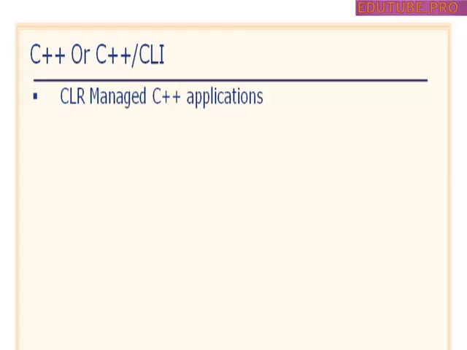Now before we talk about that, let's talk about CLR managed C++ applications. In part 1 I mentioned that anytime you code in C# or VB.NET, then you are automatically coding in a CLR managed environment. But with C++ we kind of have a little different option. Now let's clarify some terms here.